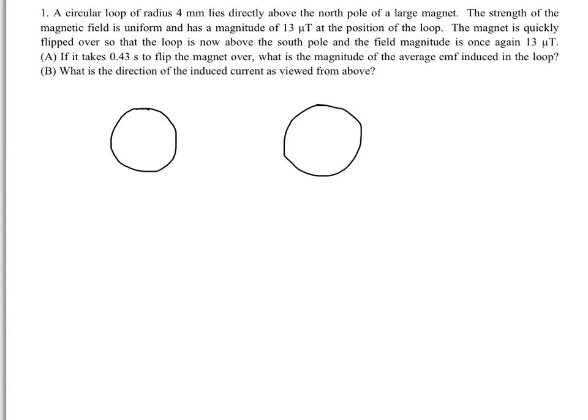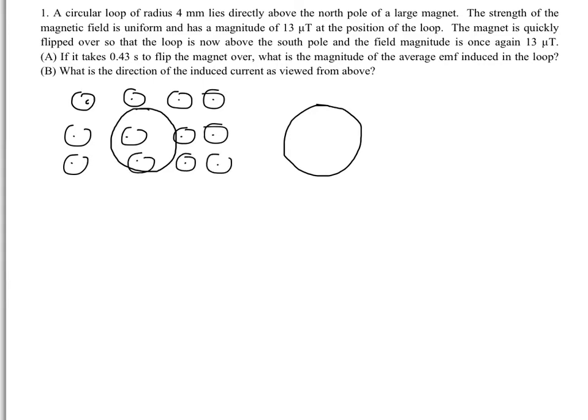Remember, the circular loop is above a north pole of a magnet initially. So the north pole has the magnetic field pointing out of it. Since we're above it, the magnetic field will be coming out of the page initially.